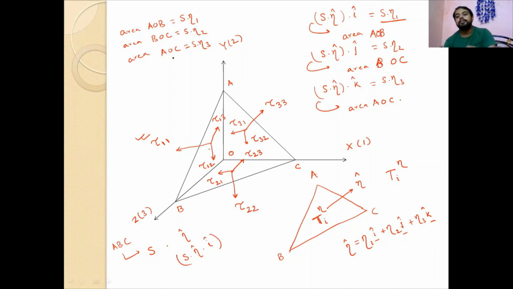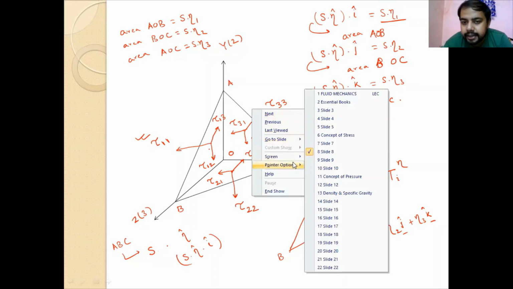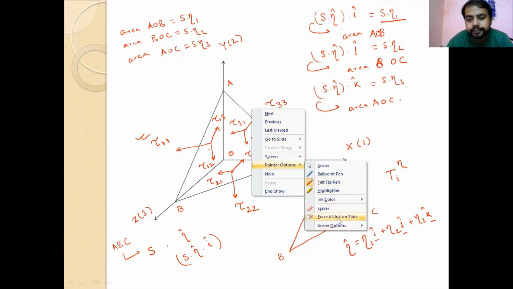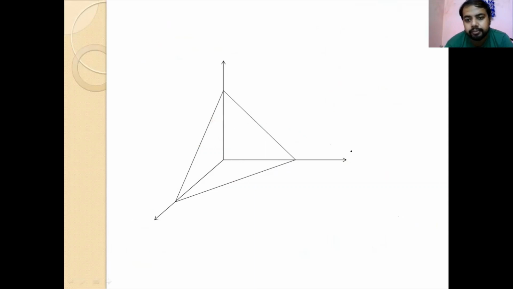Now, if you do the force balance along the x-axis, y-axis, and z-axis, applying Newton's law, consider that the fluid is in motion. Along the x-axis, what are the forces acting here? What are the stresses? This is tau 1 acting over this area.